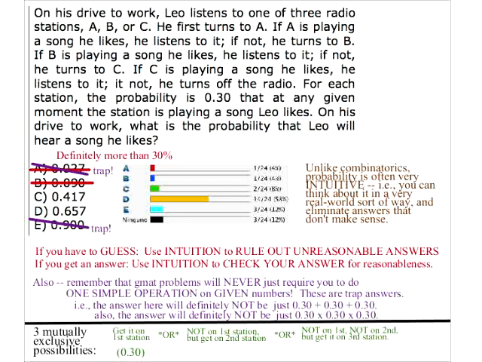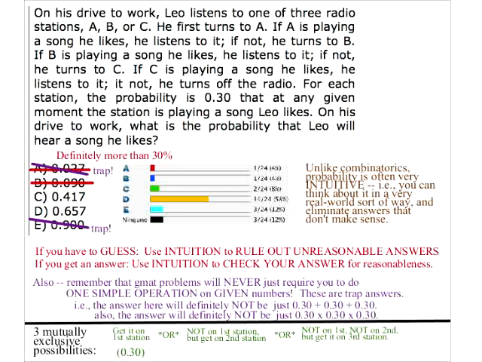Then, yeah, that's what we're going to get to next. There is not a chance that Leo just turns off the radio and can't hear the song. You don't have to consider freakish possibilities like that, because it says he listens to them and he turns to them.